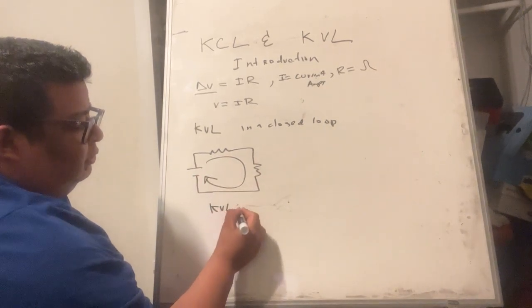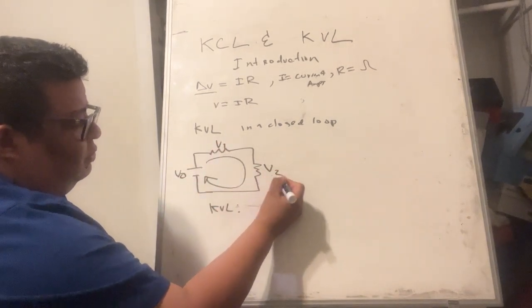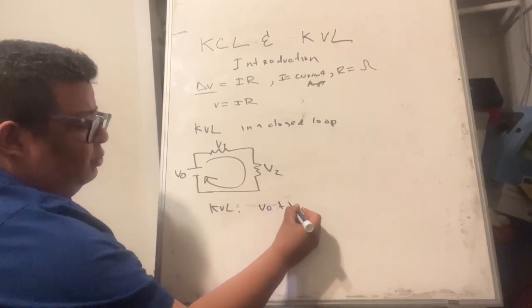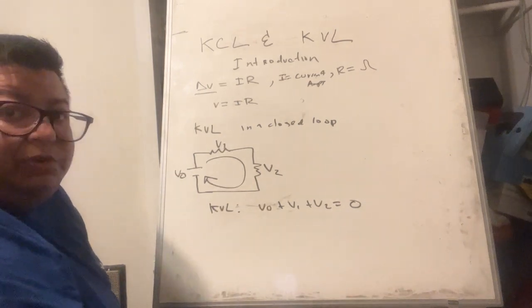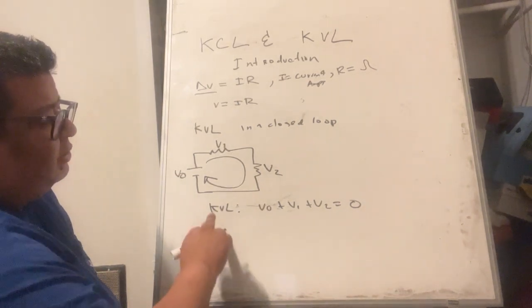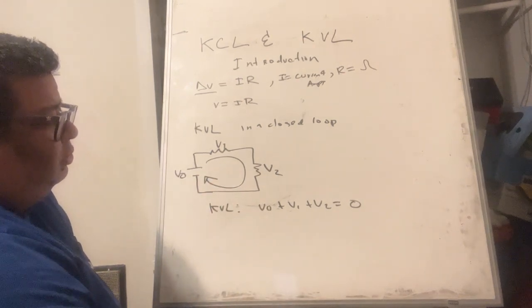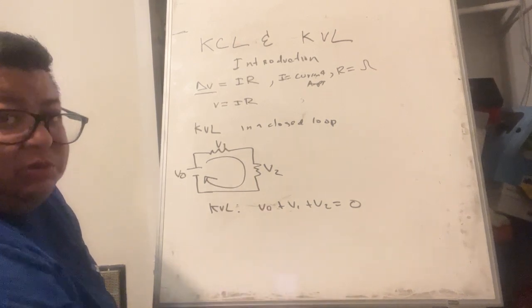If this is V0, this is V1, this is V2, it says that V0 plus V1 plus V2 is equal to 0. That means the voltage sum in a closed loop is equal to 0.